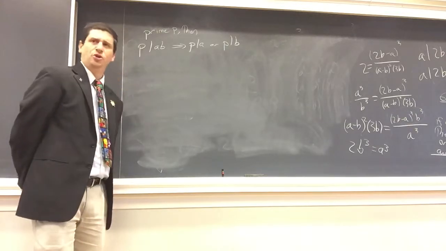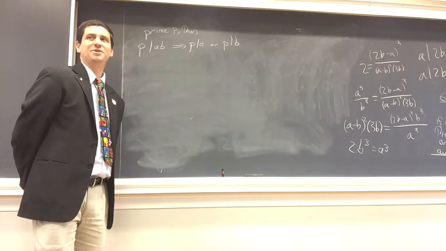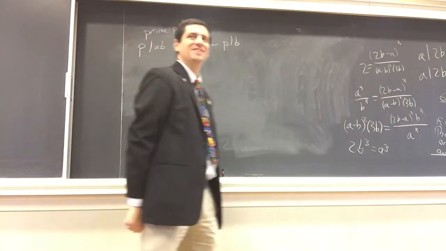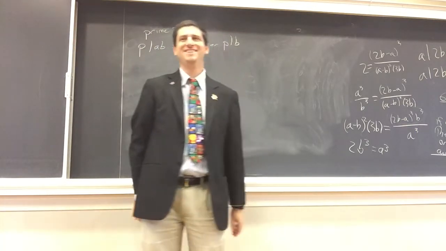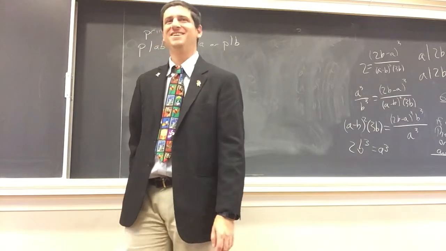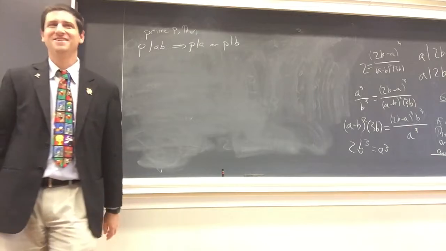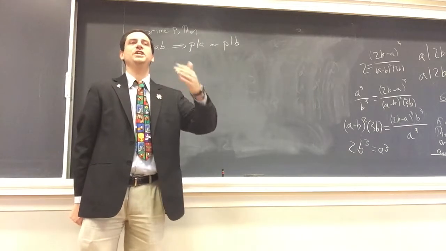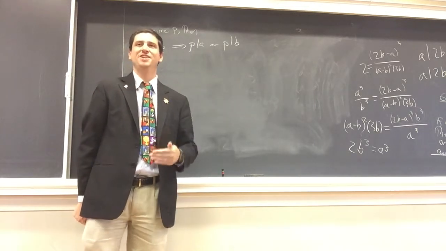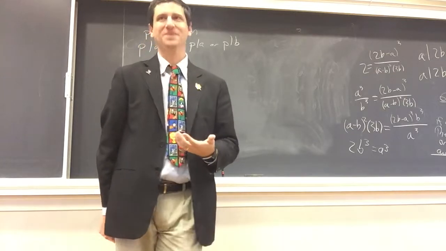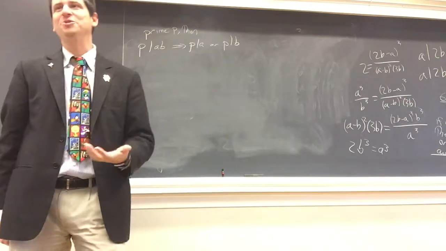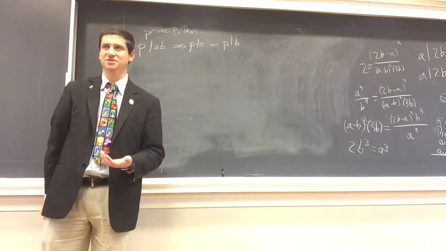Not algebra. It's the one where you can write any number as a product of primes, and you can do it uniquely if you write the primes in increasing order. Yeah, the fundamental theorem of arithmetic. The fundamental theorem of algebra is that a polynomial of degree n has exactly n roots.